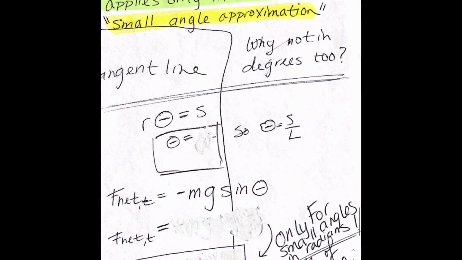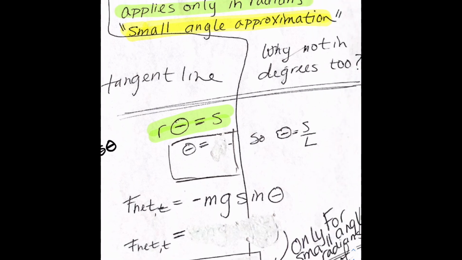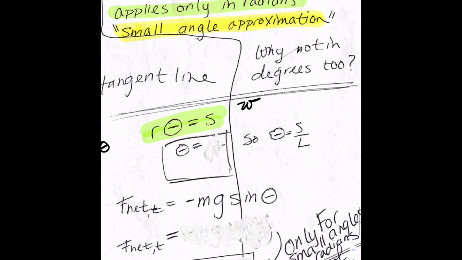If we remember something from rotational motion earlier in the year, if you multiply the angle theta in radians by the radius, you get S, which is the arc length. We had these three relationships.